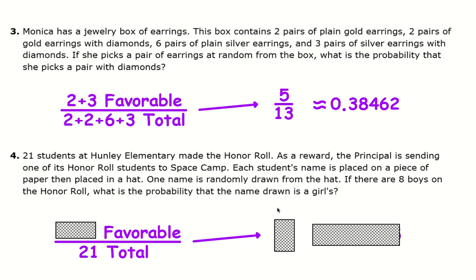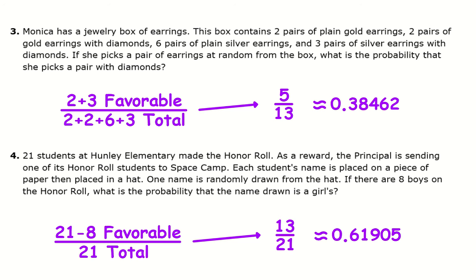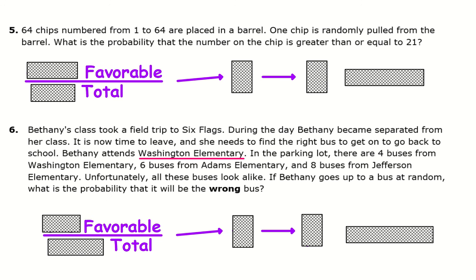We want to draw a girl's name, and if 8 of them are boys, that means 13. I'm just showing you where it came from. So 13 out of 21, because there's 13 girls out of a total of 21. And so there's the decimal if that's what you need to have. But yeah, okay. More examples.